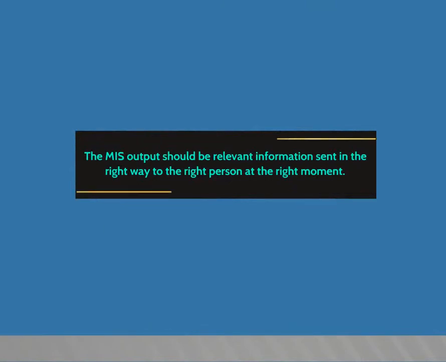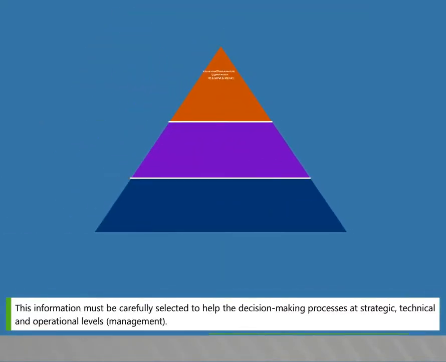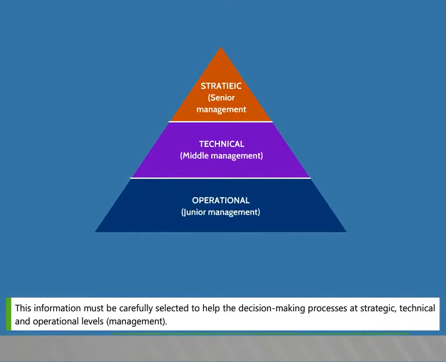The MIS output should be relevant information sent in the right way to the right person at the right moment. This information must be carefully selected to help the decision-making processes at strategic, tactical, and operational levels of management.